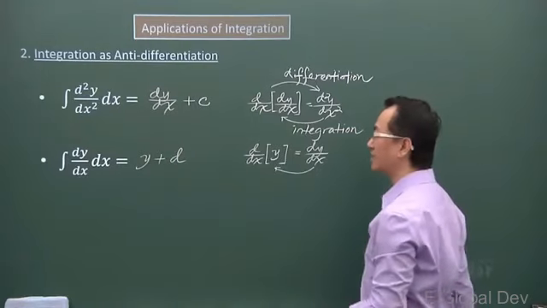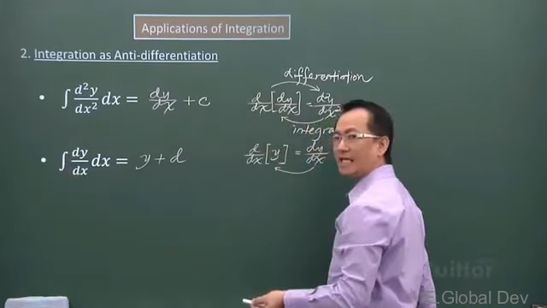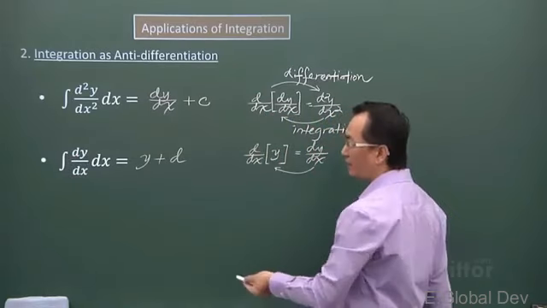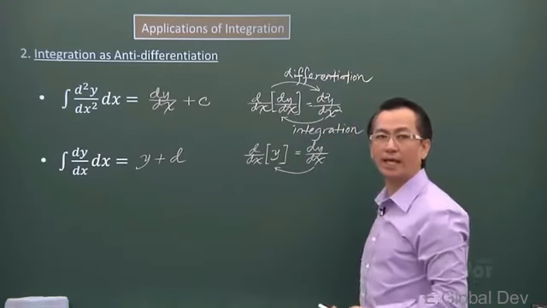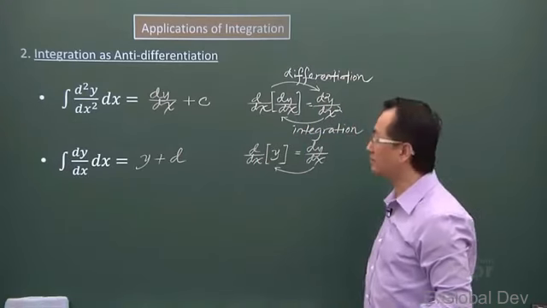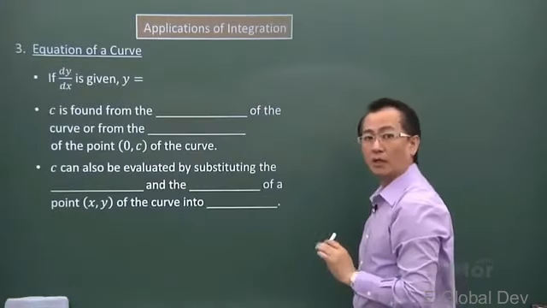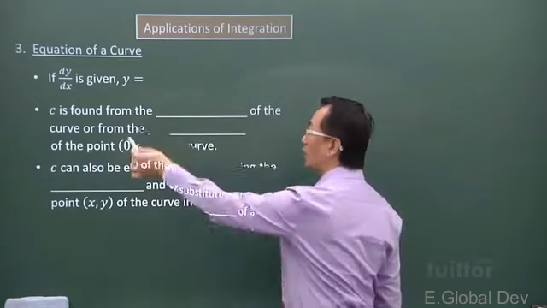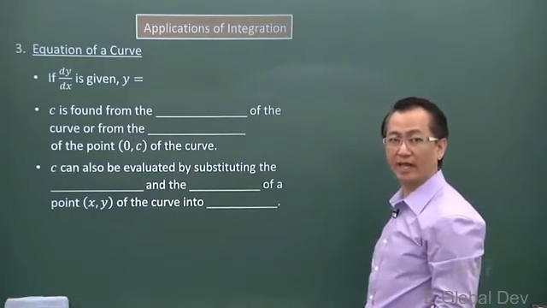Again, let me stress this. This integral is an indefinite integral, and therefore I will have to include a constant term in my result. We are now looking at the equation of a curve proper. You have seen the result we had before.